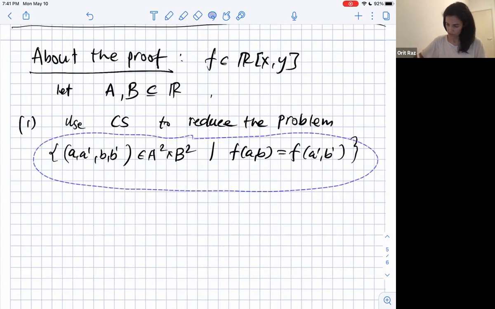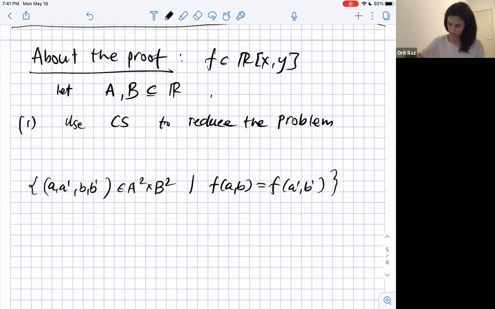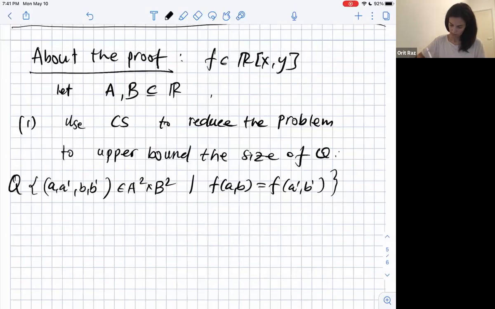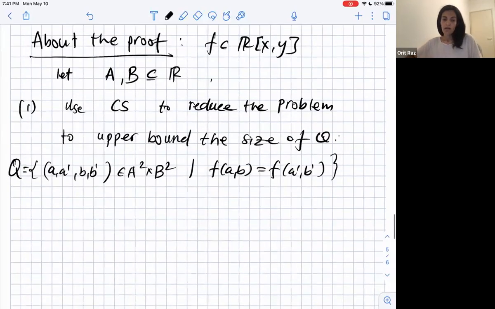Okay, so now our goal is to upper bound the size of Q. So now our goal is to upper bound the number of such quadruples a prime, b prime, such that f of ab equals f of a prime, b prime.